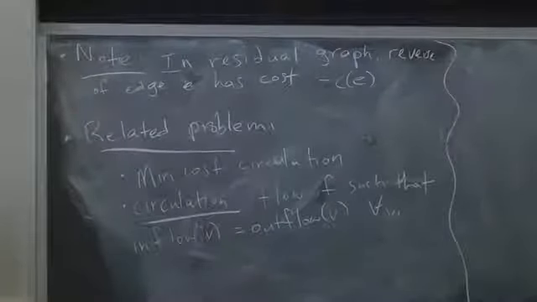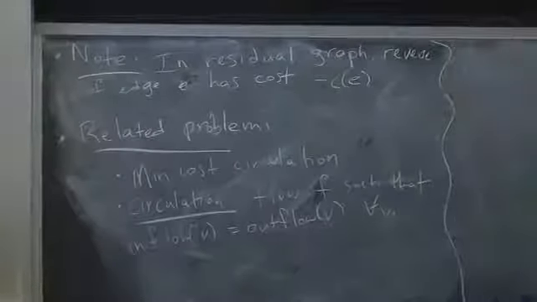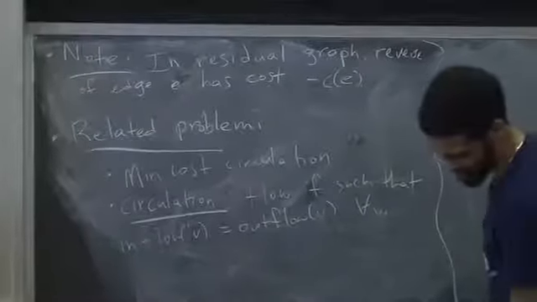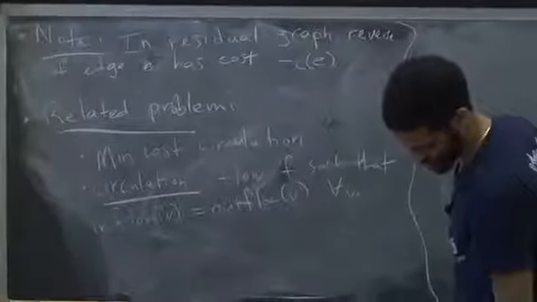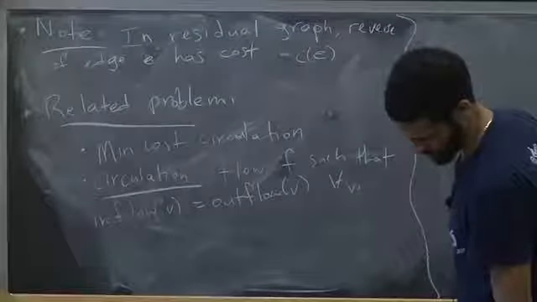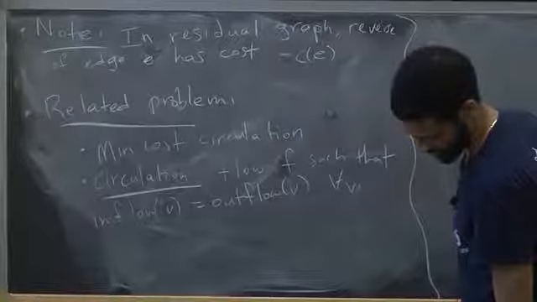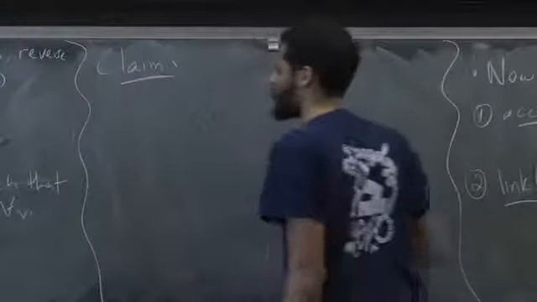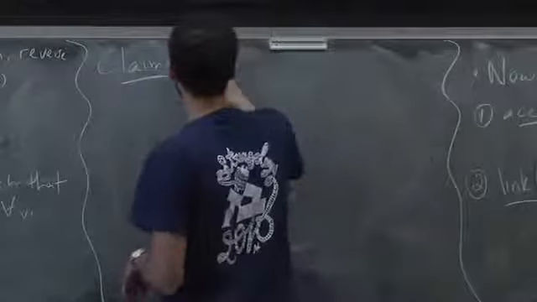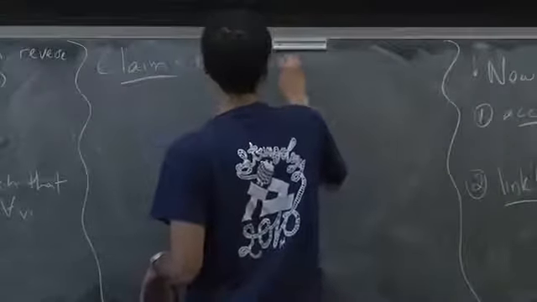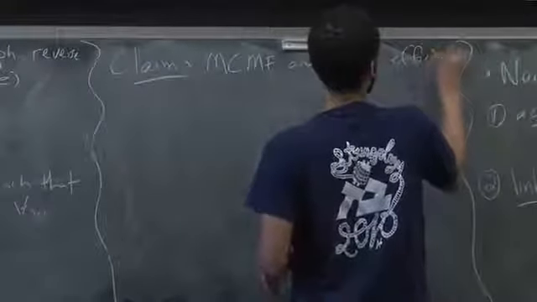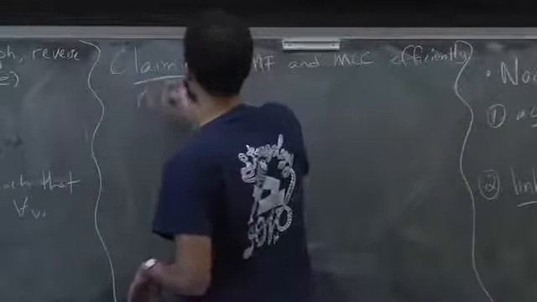So what do I want to say about these two problems? Good. Okay, so claim: min cost max flow and min cost circulation efficiently reduce to each other.